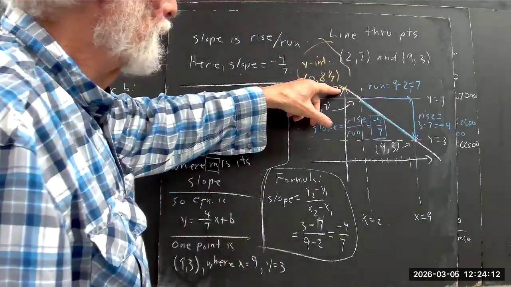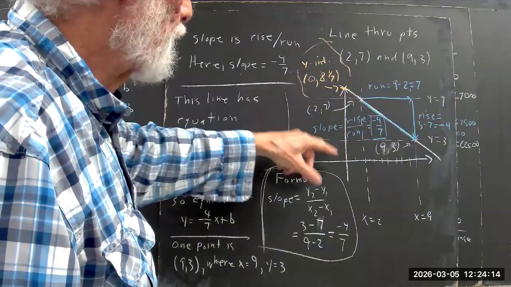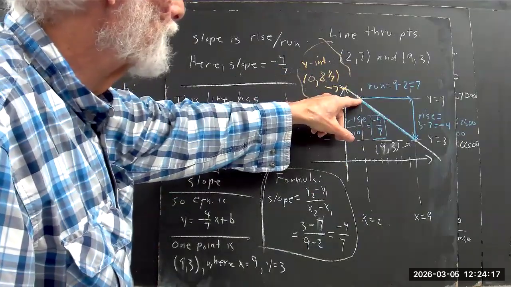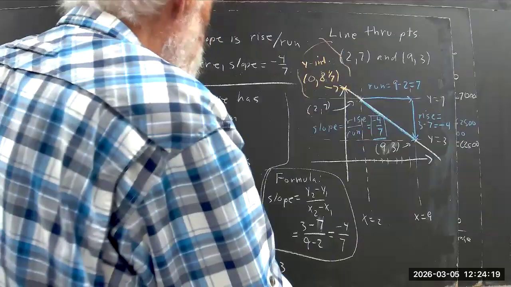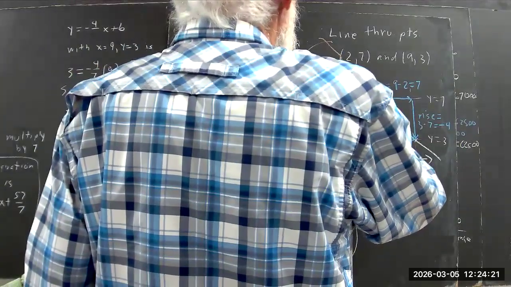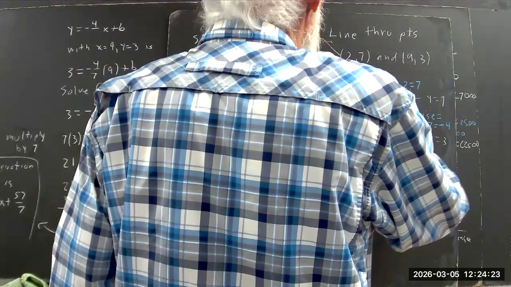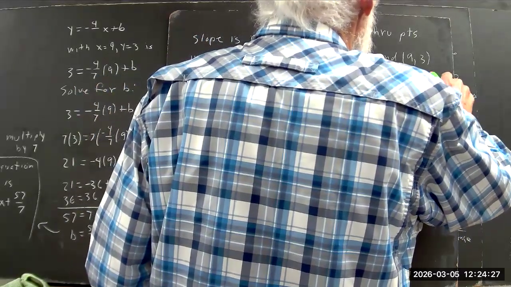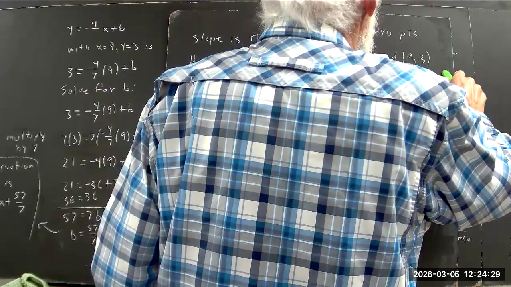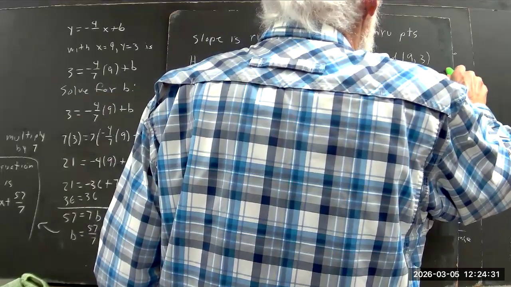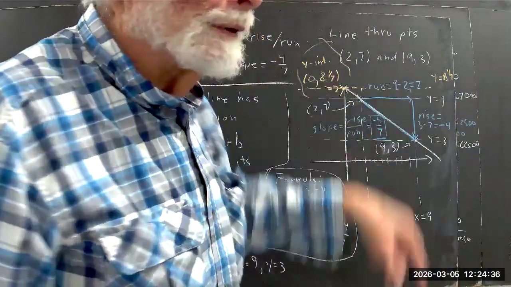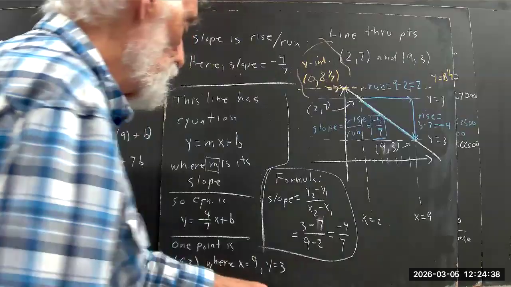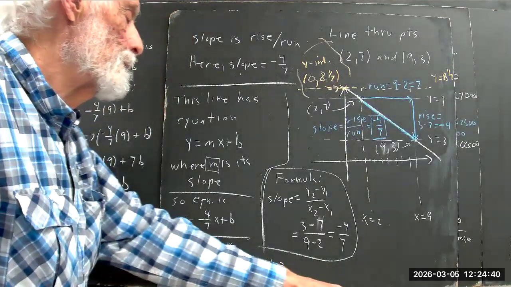Does it make sense that this point should be at 8 1/7? Well, this point is at y equals 7. So the line through this point ought to be y equals 8 1/7, and that looks about right. So chances are we did it correctly.